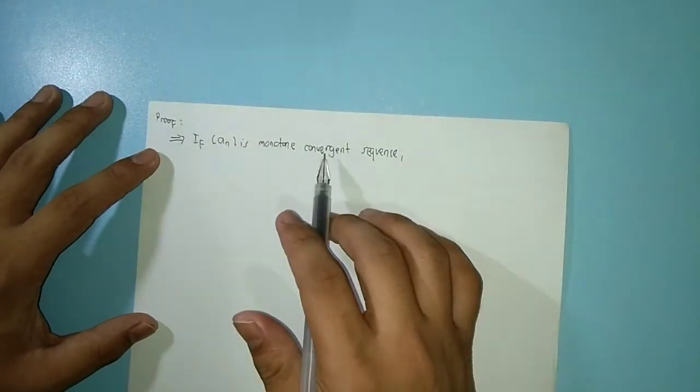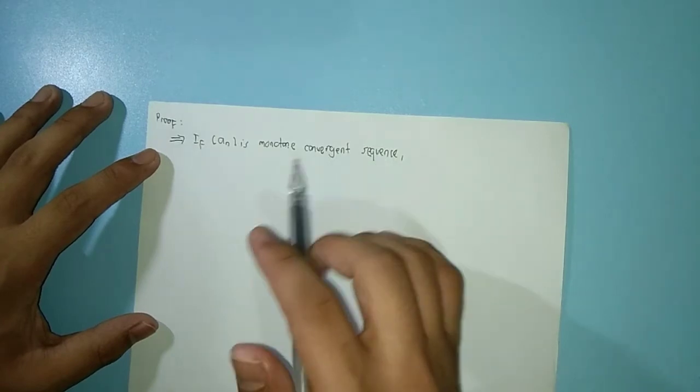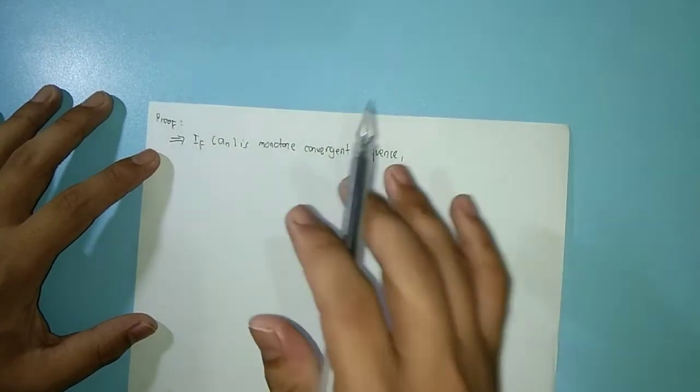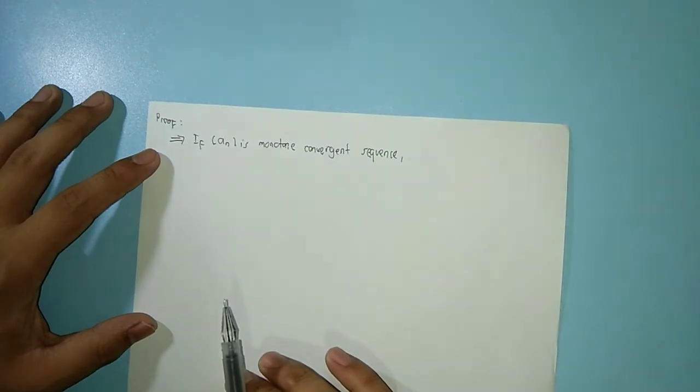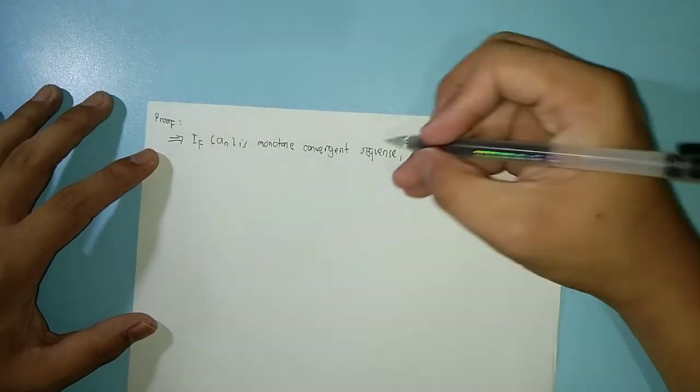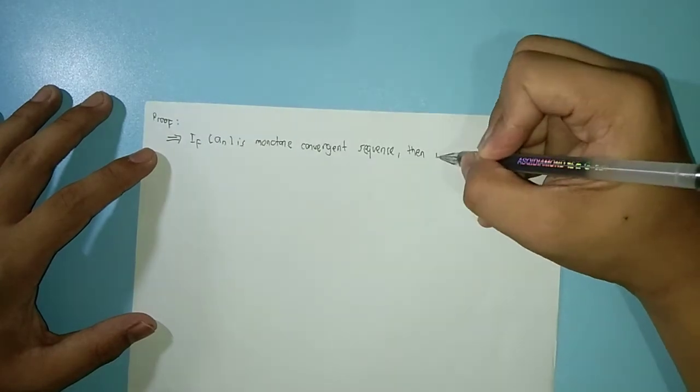So, syempre, since convergent sequence na to, okay, monotone nga lang siya, then sigurado tayo na bounded siya. Kasi ang sabi, every convergent sequence is bounded, sa theorem natin. So, sure na tayo, then it is bounded.